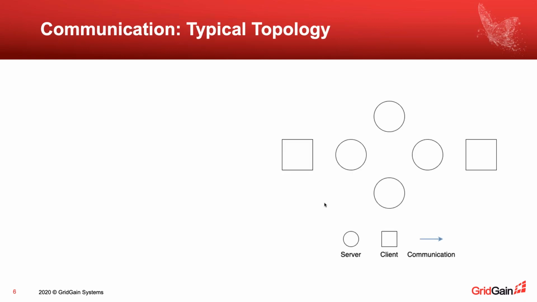So let's look at a typical topology in terms of communication subsystem. Let's look at this example cluster. Here we have 4 what we call Apache Ignite server nodes, which are the nodes in an Apache Ignite cluster that store actual data, and 2 client nodes, which are the nodes which don't typically store data, but are used as gateways in applications to access the cluster.